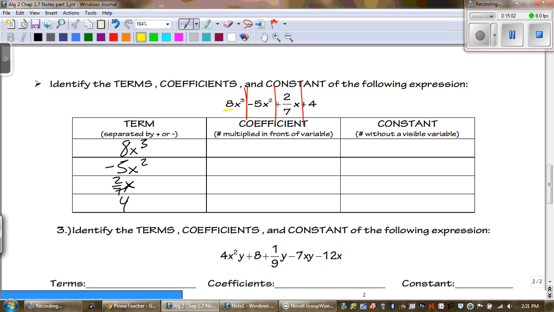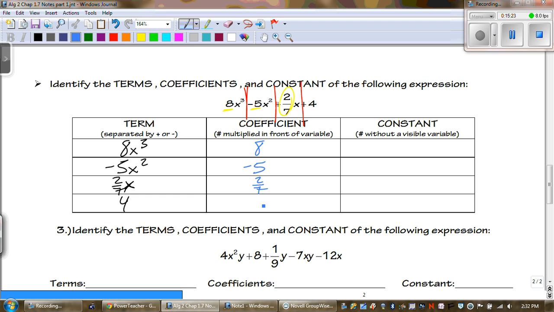So my coefficient only deals with what's in front of a variable. So the things that are in front of the variable, well, there's an 8 in front of the 8x cubed. There's a -5 in front of the x squared. And there's a 2/7 in front of the x.